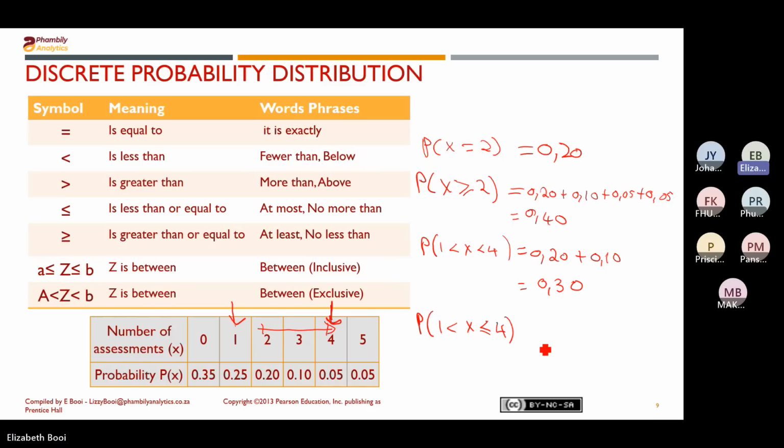That will be equal to 0.20 plus 0.10 plus 0.05, which is equal to 0.335. That's how you will find the probabilities.